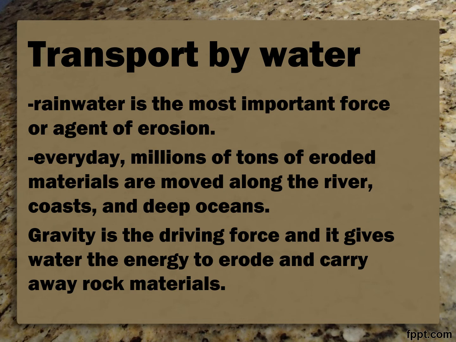For the Philippines na laging umuulan, ayan, napaka-common nito. We can usually see this in the coastal areas and even in mga uplands natin, 'di ba? Mga highlands natin kung saan pag umulan nagkakaroon ng movement of the rocks from one place to another, from the higher to a lower point, nagkakaroon ng movement.